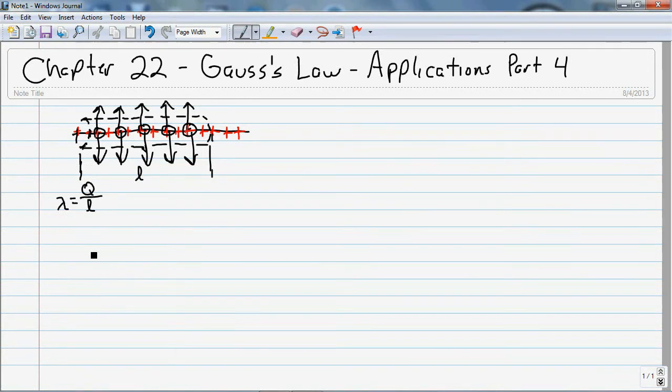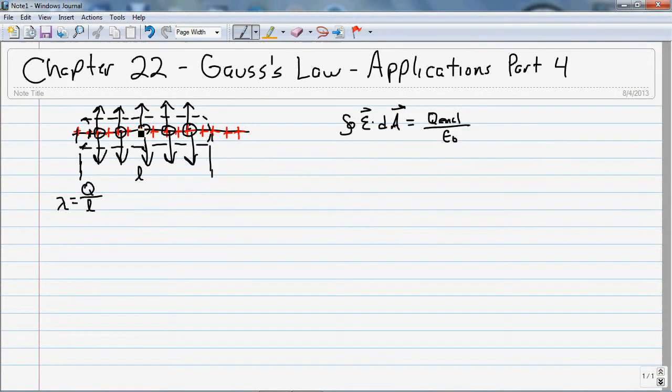And now I can do Gauss's law. So my electric field vector dot differential area vector is equal to Q enclosed over epsilon naught.